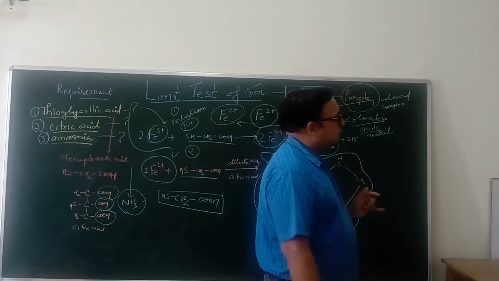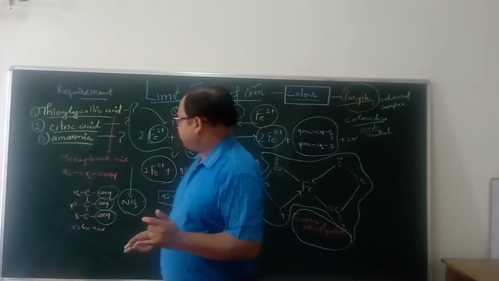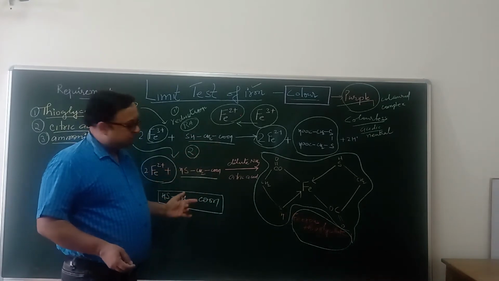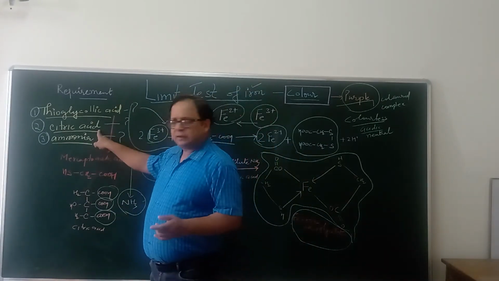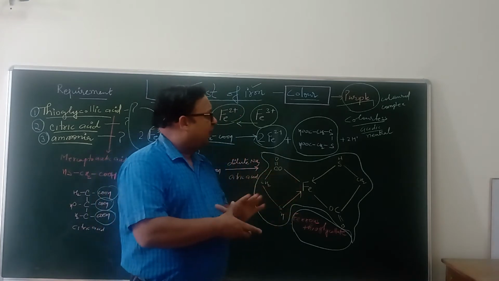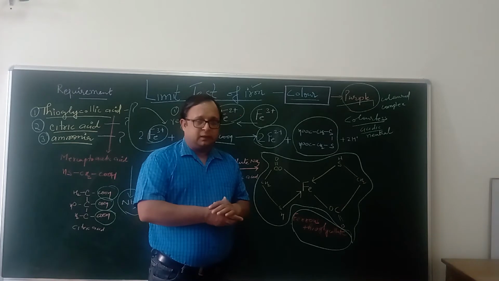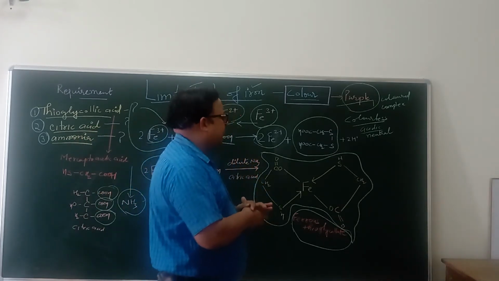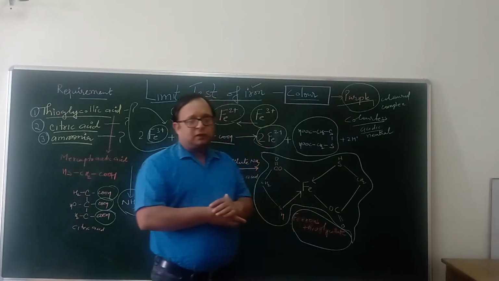So ammonia, apart from making the solution alkaline, is reacting with the iron, and that is an undesired part. So to overcome this issue, we use the citric acid. Citric acid is used to prevent the complex between iron and ammonia.